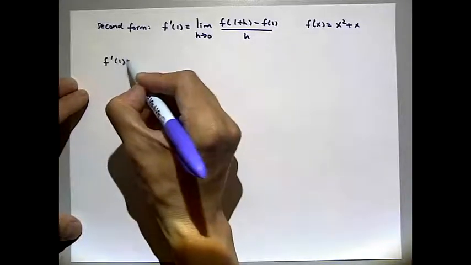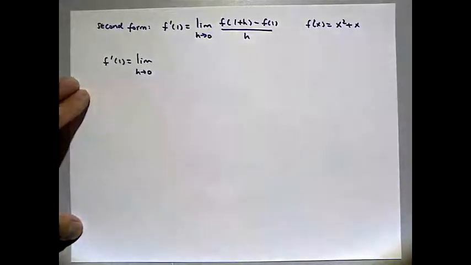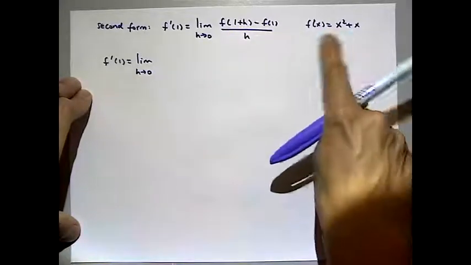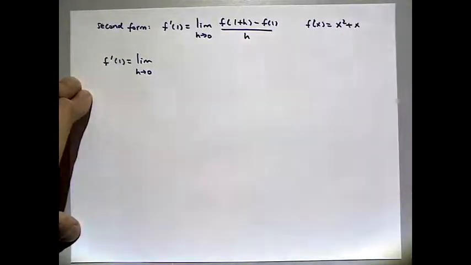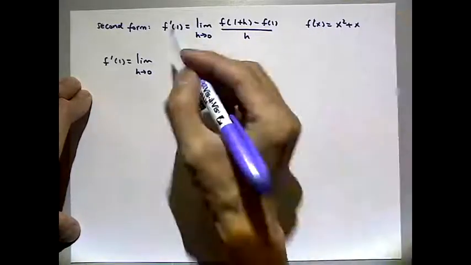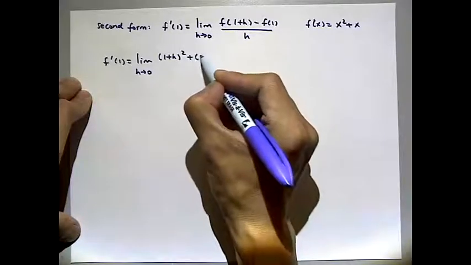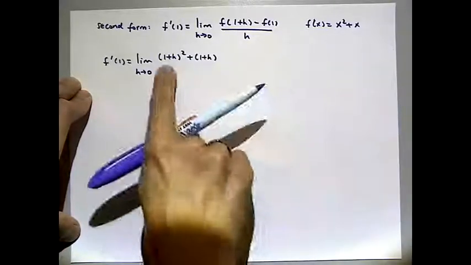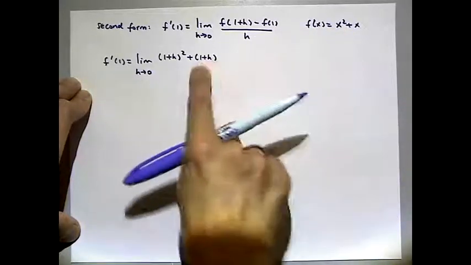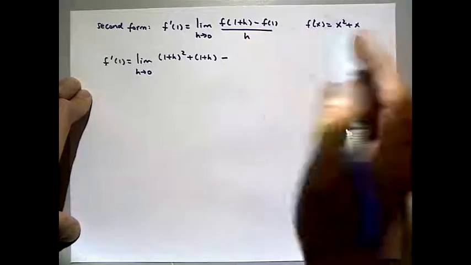All right, so then we proceed. f prime of 1 is equal to the limit as h goes to 0 of f of 1 plus h. Remember, this means you go to f of x, replacing every single x you see with 1 plus h. Okay, so this is my f of x, 1 plus h. Minus f of 1, 1 plus 1, that's 2.